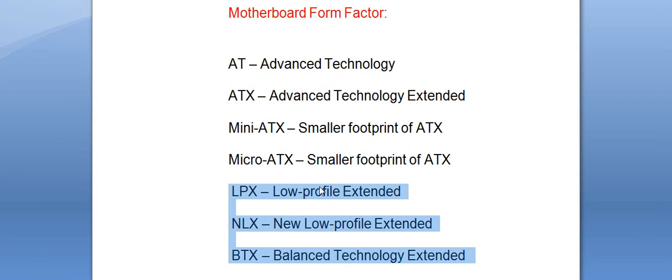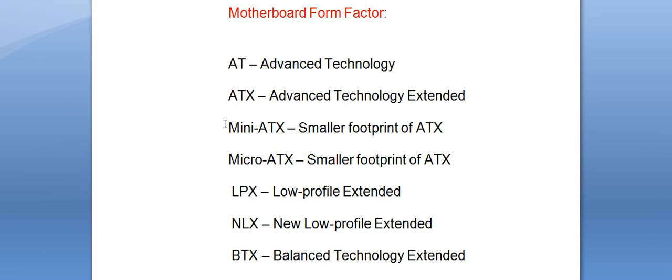Be aware of them, they are real form factors, but the only ones I've ever come across are the ATX, this kind of series here, the Advanced Technology form factors. Like your micro ATX, which is a smaller footprint of the ATX.